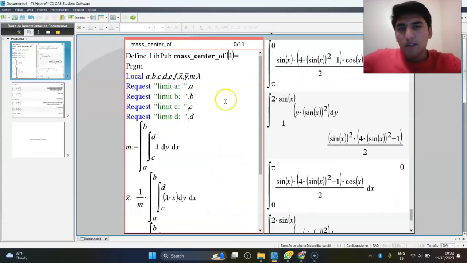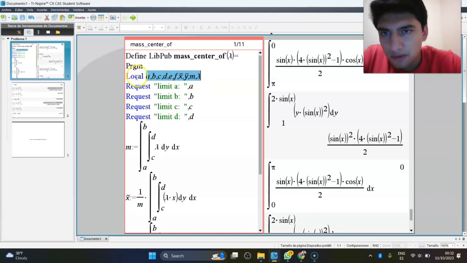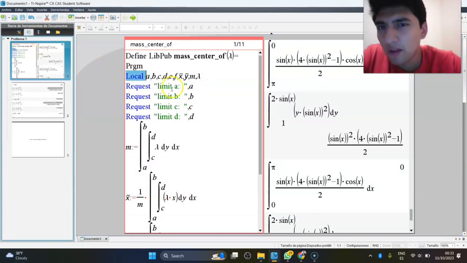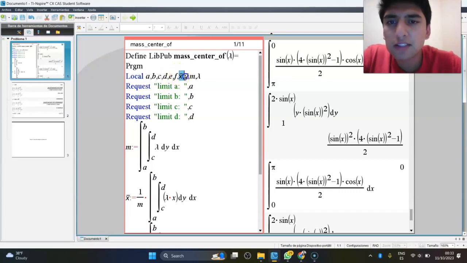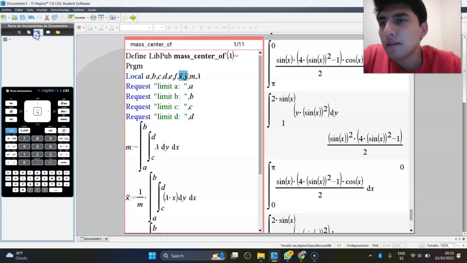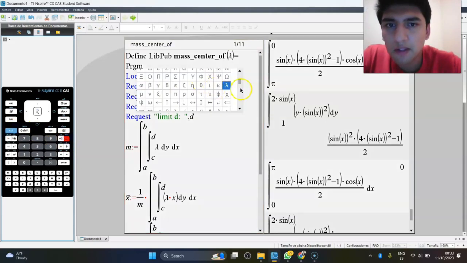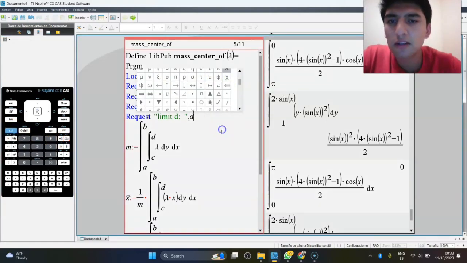In the calculator I ask for these variables with the prompt and Local. I added this x and y not; just go to the calculator, press Control and the symbol library, and you can find the x, y not.